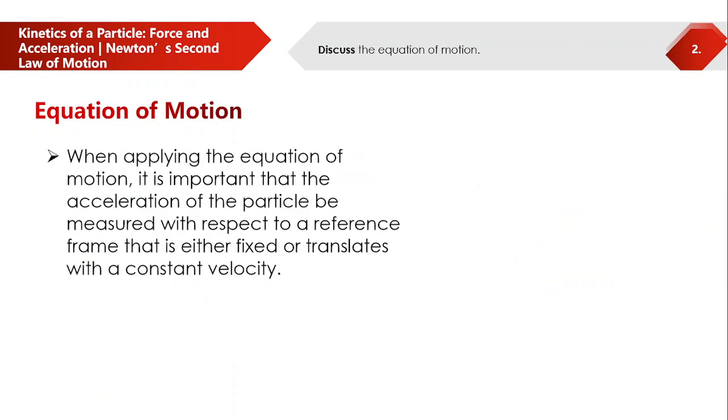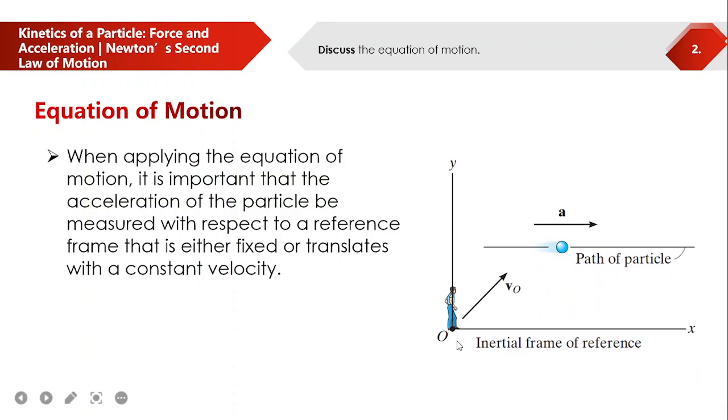Okay. So when applying the equation of motion, it is important that the acceleration of the particle be measured with respect to a reference frame that is either fixed or translates with a constant velocity. Consider this figure.